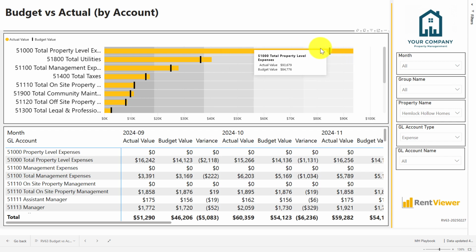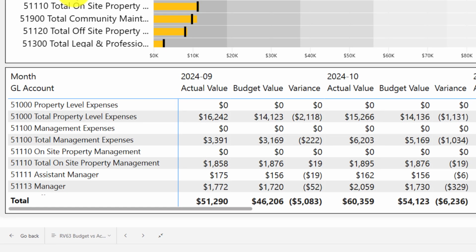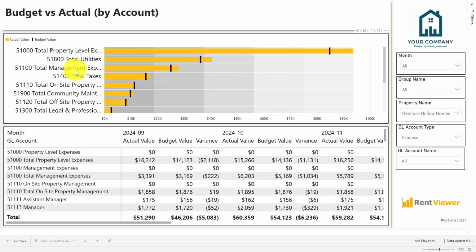And I can see that, for example, my total property level expenses have been above budget. The orange line is the actual and the black line here is the budget, so I can quickly see where I'm over and under budget. Down below are the individual line items that correspond to the lines in the chart.